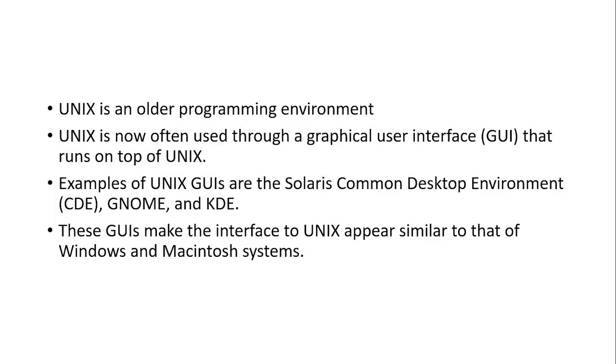These GUIs make the interface to Unix appear similar to that of Windows and Macintosh systems. So after the introduction of these GUIs, the appearance is something like that of Windows or Macintosh systems, which have UIs.